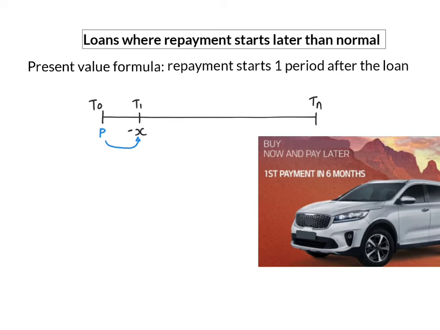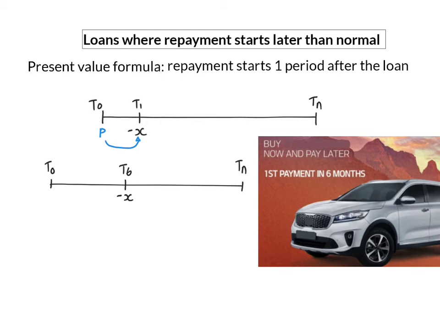An example of this is when you buy a car. Car dealers often advertise a payment holiday and say you can buy the car now, but only start paying at a later stage. In our example, your first payment is only in 6 months.